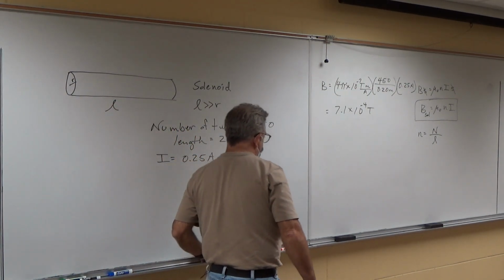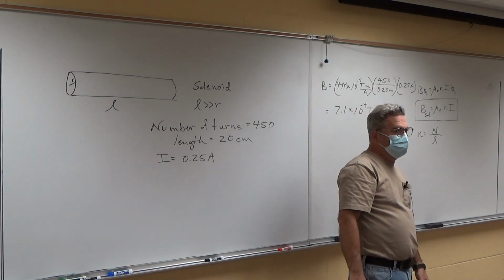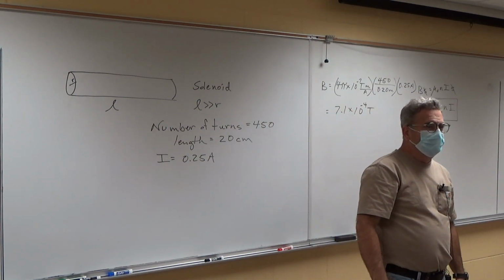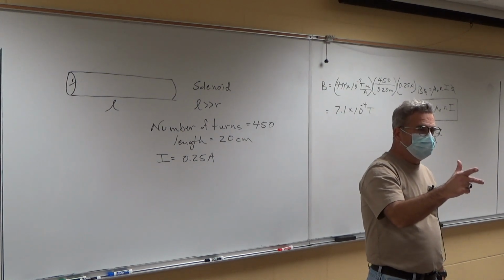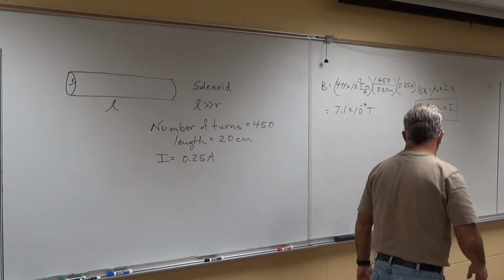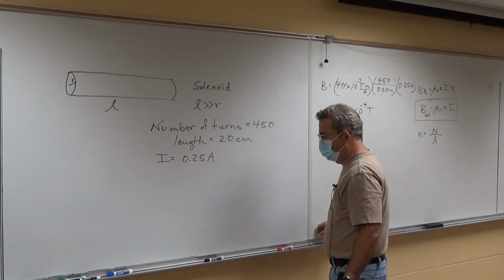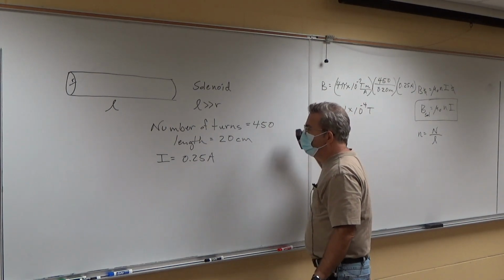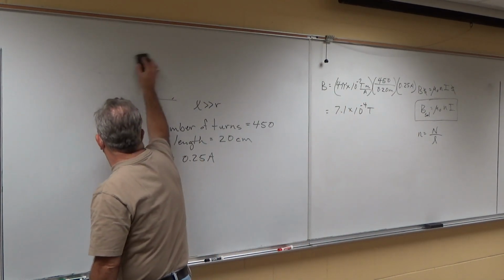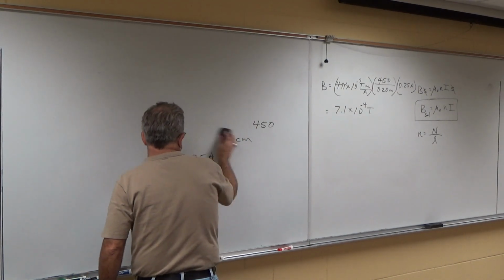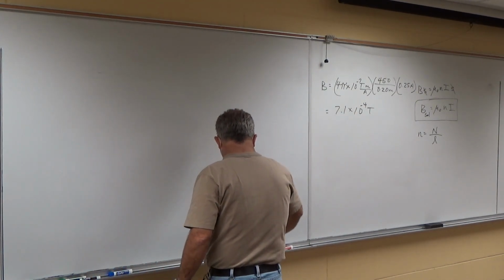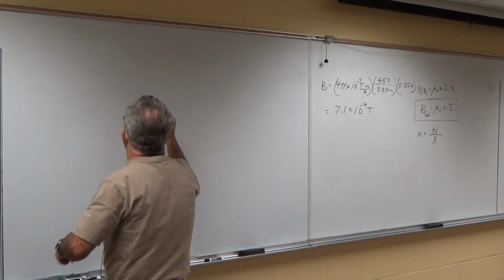Can you go over the right-hand rule one more time? Sure. Okay, someone has produced a uniform magnetic field in a solenoid. And here it is.